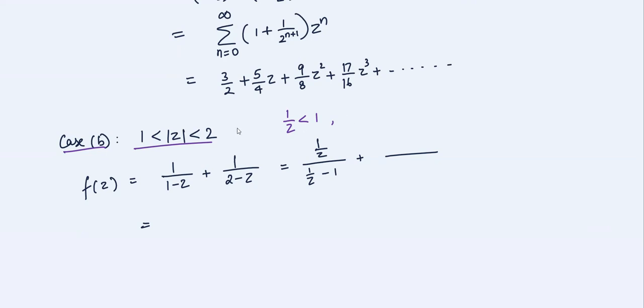But 2 by z will be greater than 1, or z by 2 will be lesser than 1. So the way we write is like this. The second term we will write as it is, 1 by 1 minus z by 2.